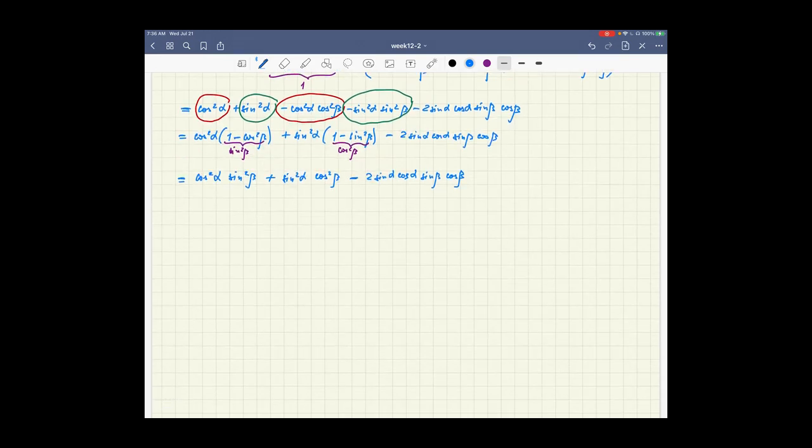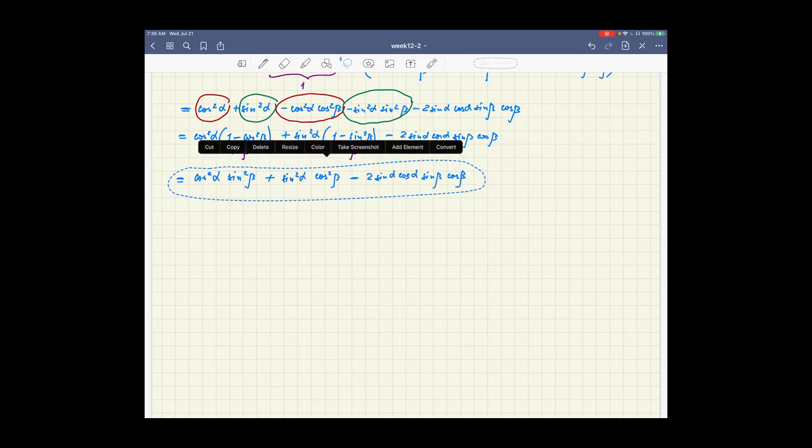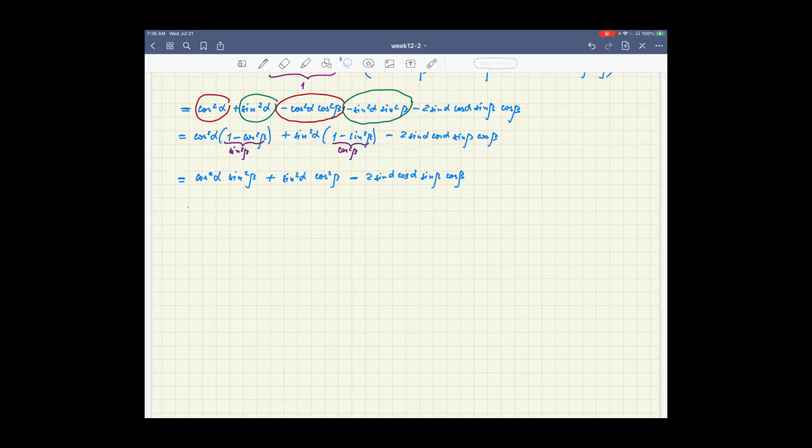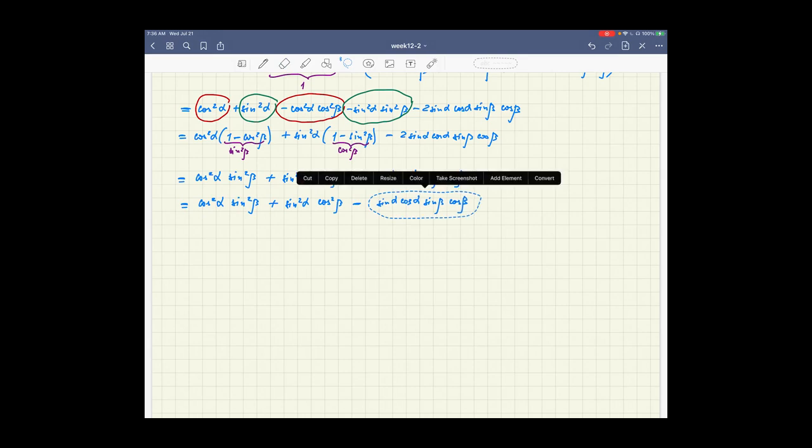All right. Now I would like to write this last term as twice that term because of the factor 2 in front of it. I will simply copy and paste that, erase the 2 in front of it, and copy and paste the last term.